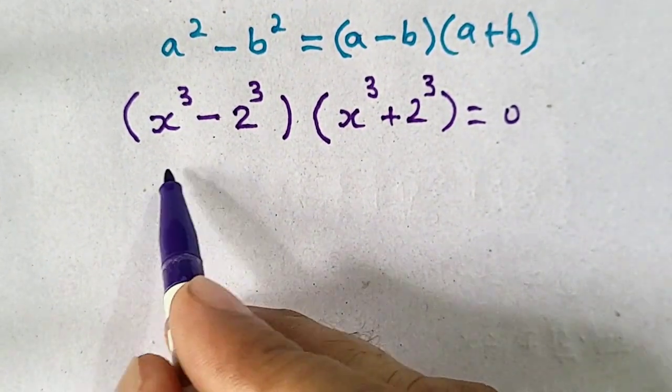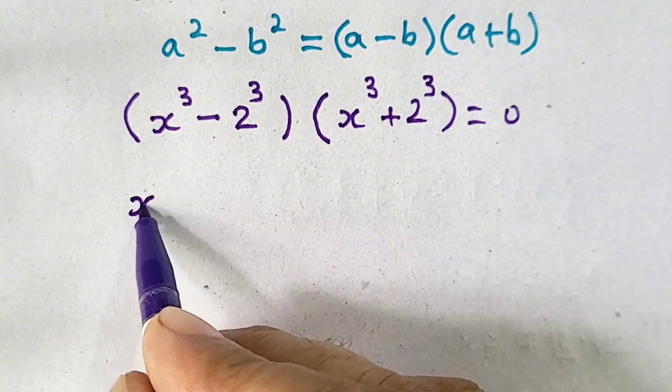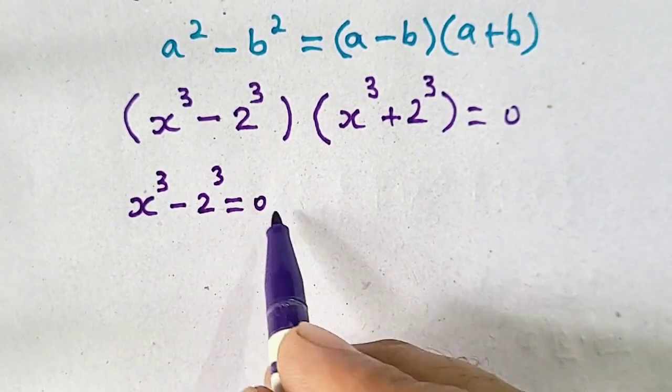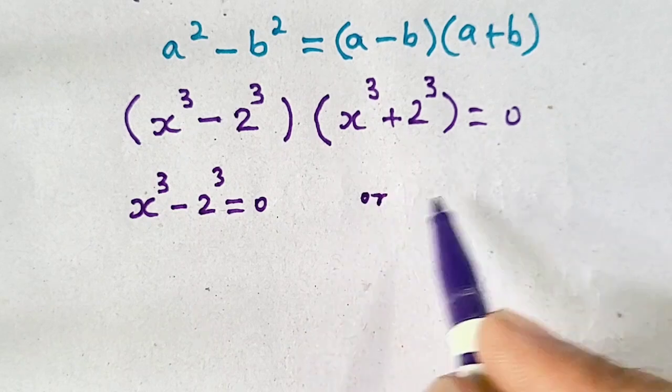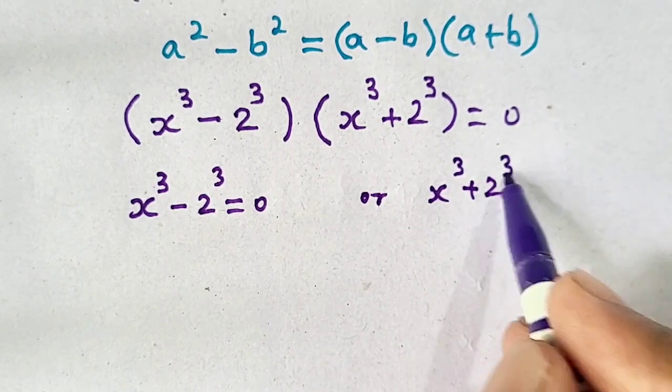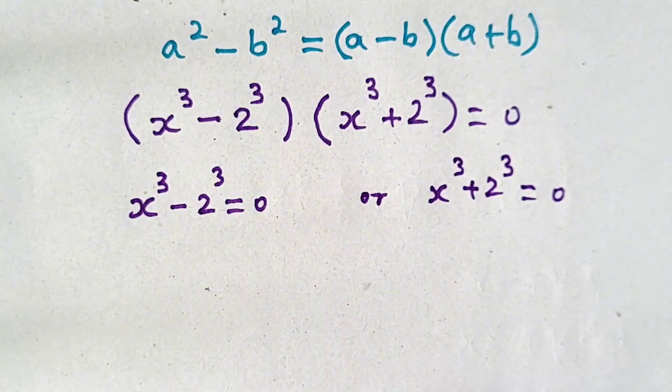There are two cases. The first case is x cubed minus 2 cubed is equal to 0, or x cubed plus 2 cubed is equal to 0.